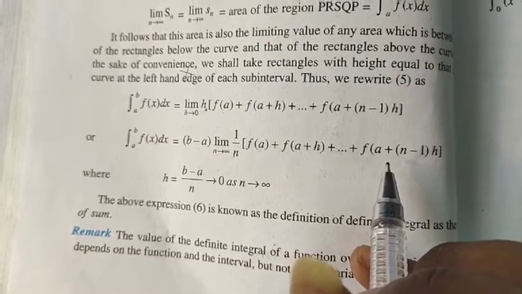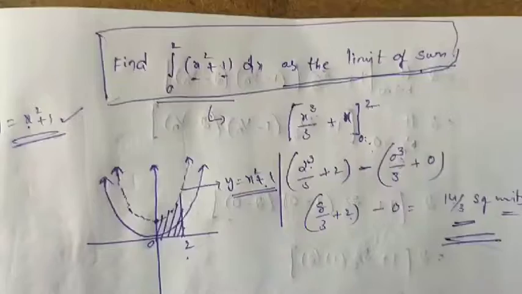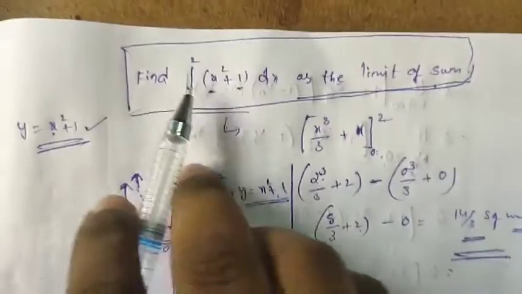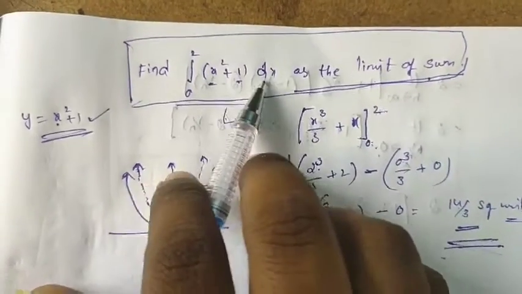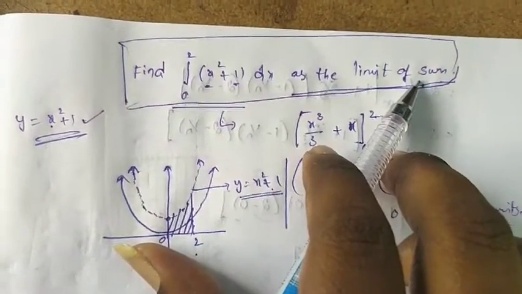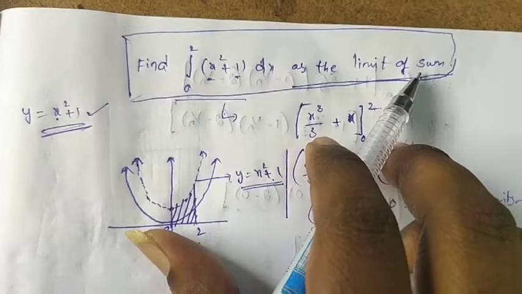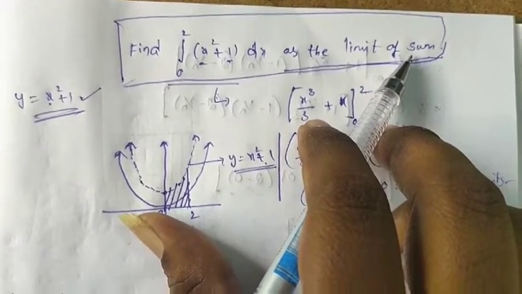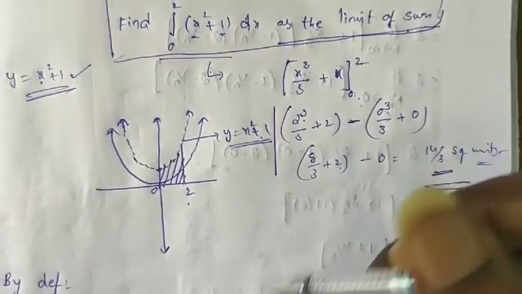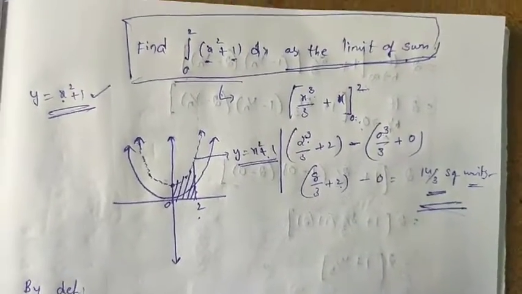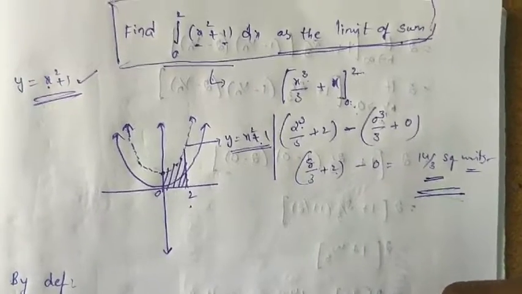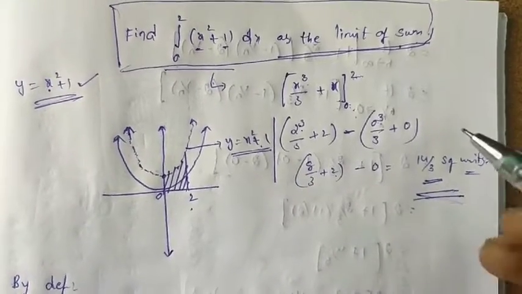Now I'm going to explain one problem based on this. Here is a question. Find integration 0 to 2 of x square plus 1 dx as the limit of sum. Already I have taught you that we can use one technique, limit of sum. Now we are going to learn another technique, if you know the antiderivative or primitive and apply the limits.